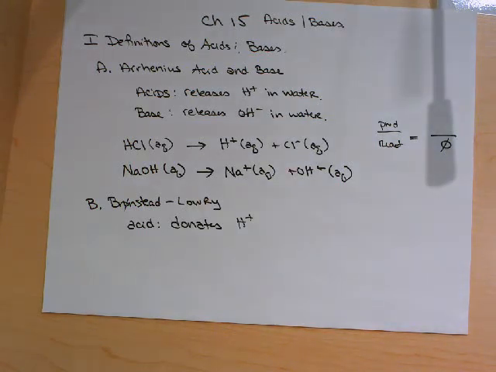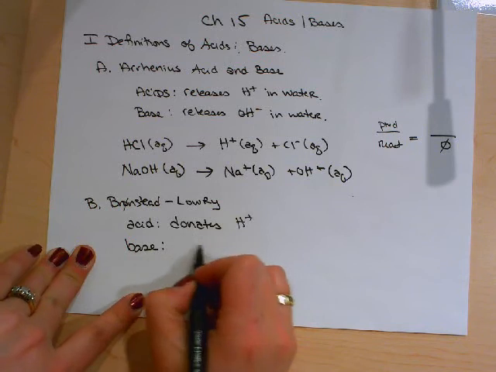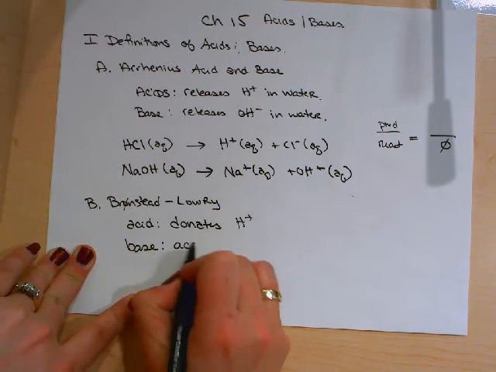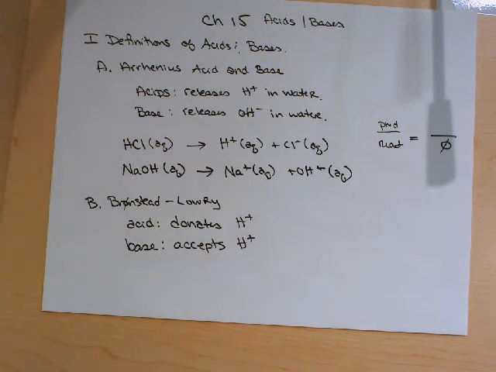It doesn't release it to the water. It specifically has a target for that H+. The H+ is specifically going to another compound, and it's specifically going to a base. And this way, they're linked. You have to have an acid-base pair. The acid gives away a proton to a base. That's who gets it.